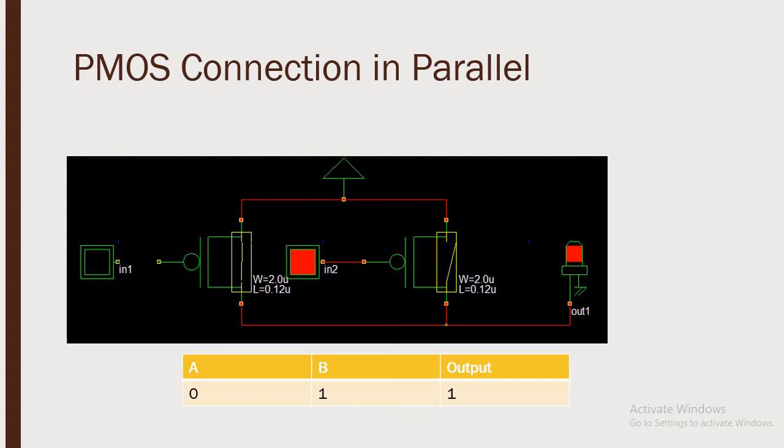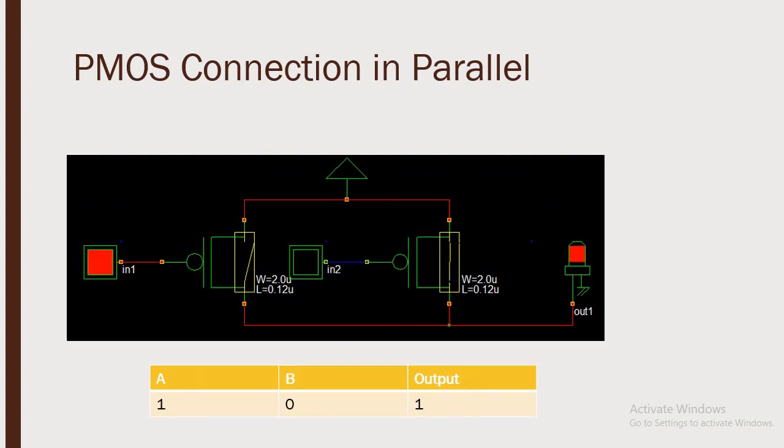Now discussing the third case in which the first input is 1 and our second input is 0. When we apply the high voltage at PMOS 1, similarly the drain and source terminals become open circuited, and in PMOS 2 the drain and source terminals become short circuited because the low voltage is applied at the gate terminal of PMOS 2.